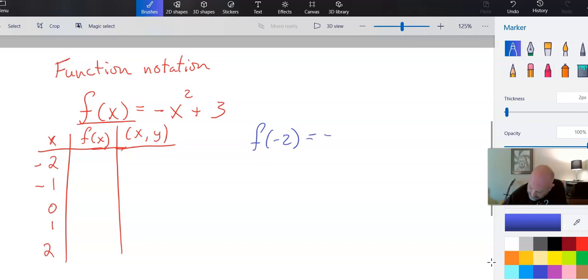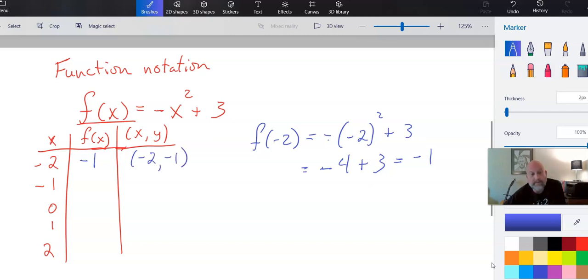That's going to be the negative of -2 squared plus 3. -2 squared is +4, and then this negative makes it -4 again. Plus 3 is equal to -1. So I get -1 here, and the coordinate that I will be plotting is the point -2, -1.